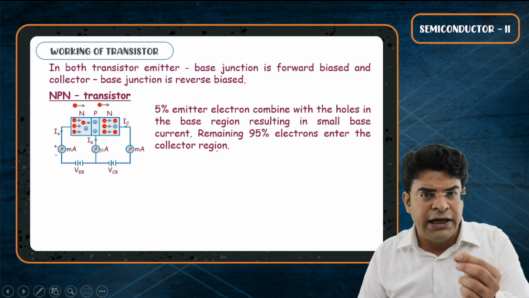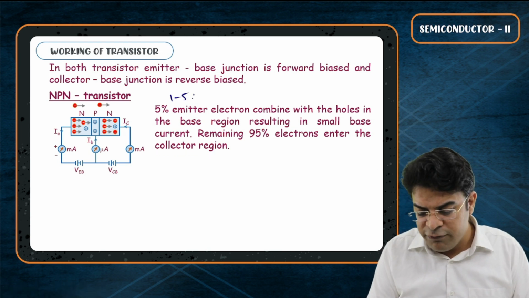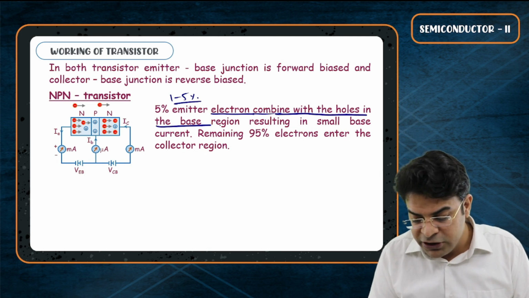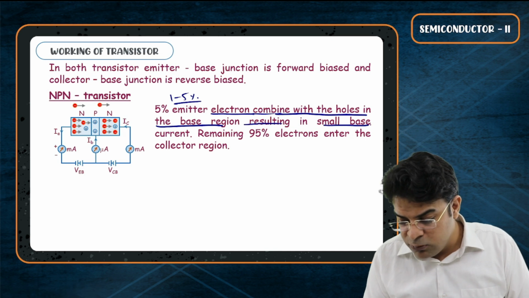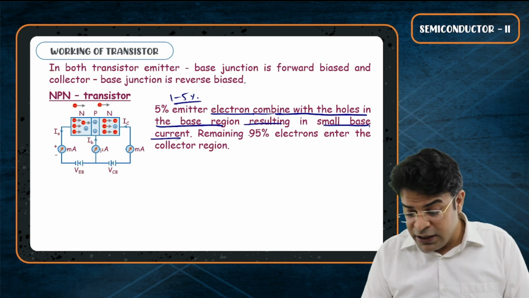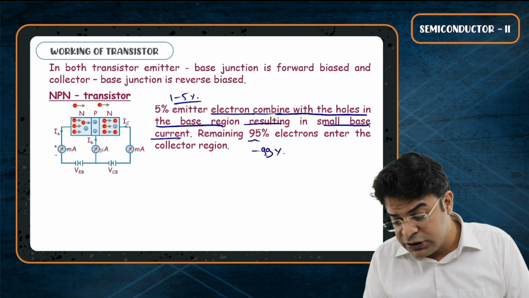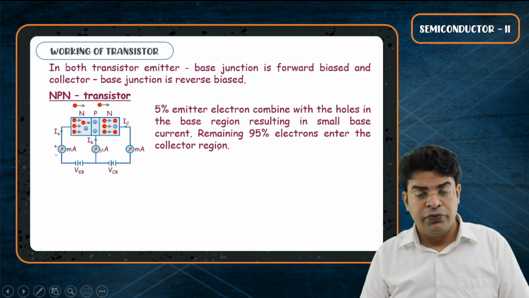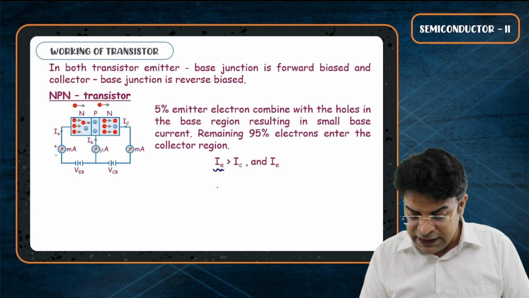Technically, we should say somewhere between 1 to 5% of the emitter electrons combine with the holes in the base region, resulting in a small base current, and remaining 95 to 99% of electrons enter into the collector region. You should remember this.